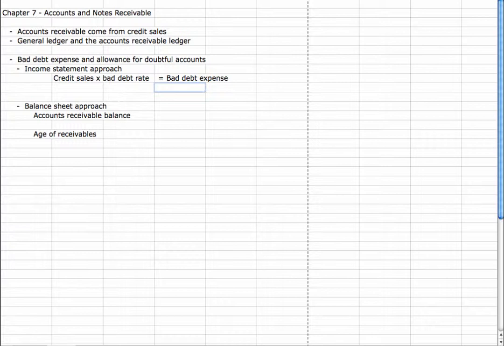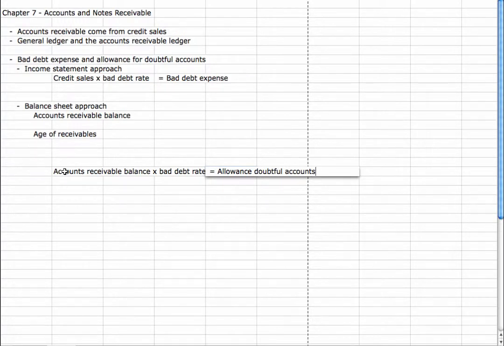So we can look at the receivables and basically say, take your accounts receivable balance times your bad debt rate, and what that will give us is how much the allowance for doubtful accounts should be.